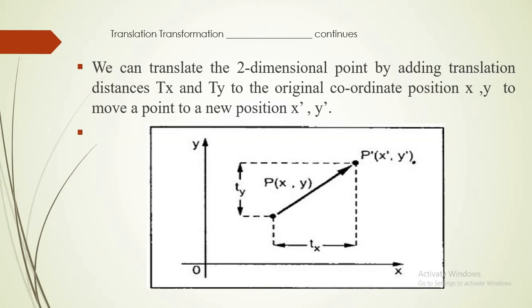Here is the figure of our translation transformation, with Tx and Ty. Tx is the translation factor for the x-axis and Ty is the translation factor for the y-axis. Based on this translation factor, we can move the object from one location to another location.